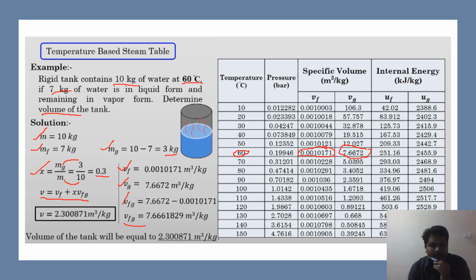Here finally we know the values of Vfg and Vf. If we substitute those values in this equation, we can find the total volume. The total volume would be 2.300871 meter cube. So the total volume of the tank will be equal to 2.300871 meter cube.